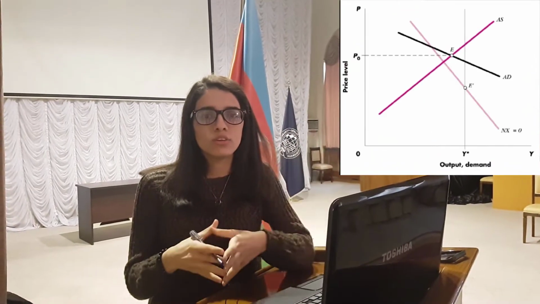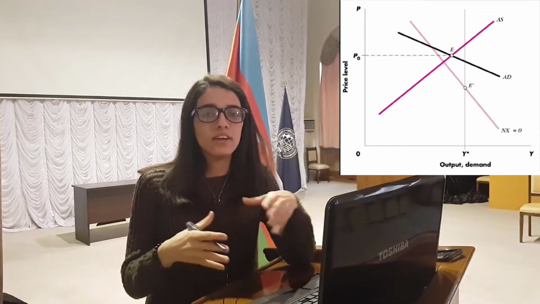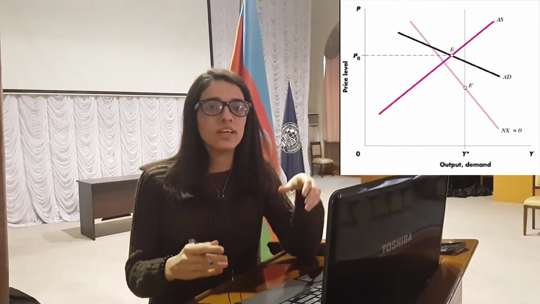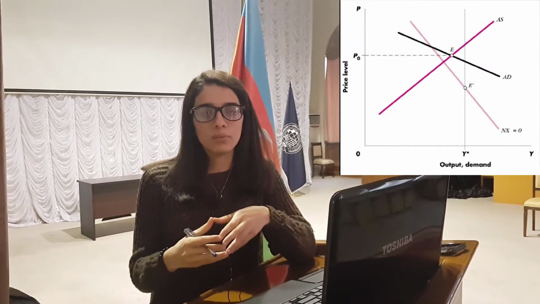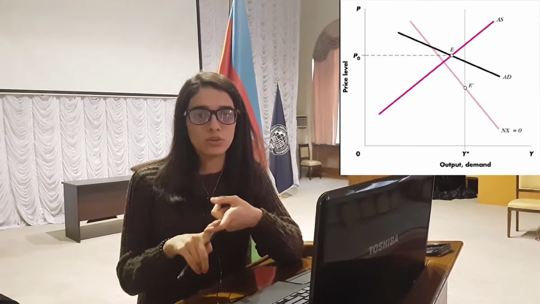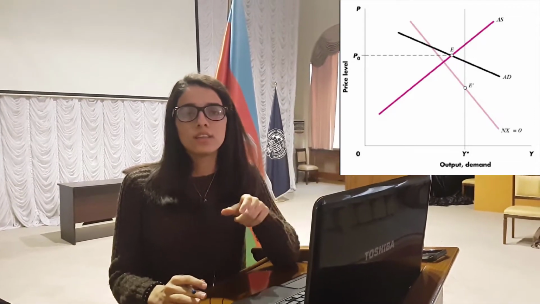Given the exchange rate, our goods are more expensive to foreigners and their goods are relatively cheaper for us to buy. So exports decrease and imports increase. This figure shows the downward sloping aggregate demand curve, where aggregate demand equals aggregate supply plus net exports, and the net exports zero curve.